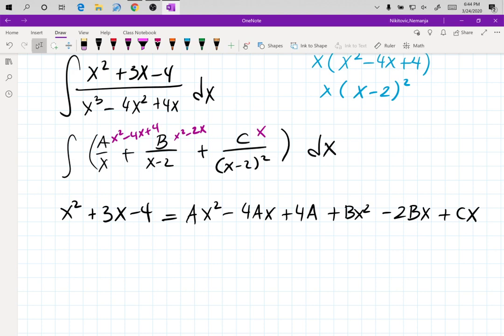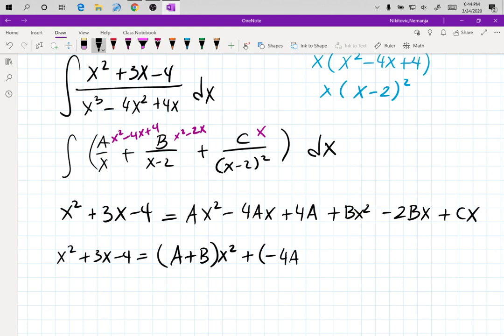And what do we do now? We set up x squared plus 3x minus 4 equal to a plus b, that's for x squared, plus negative 4a minus 2b plus c, that's times x, and then plus 4a.